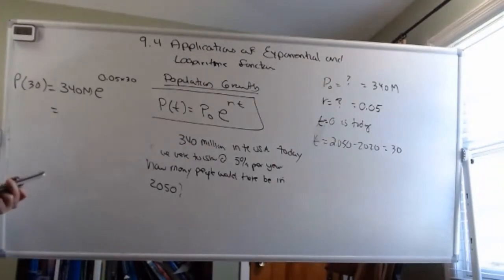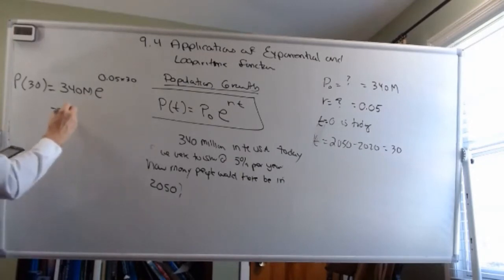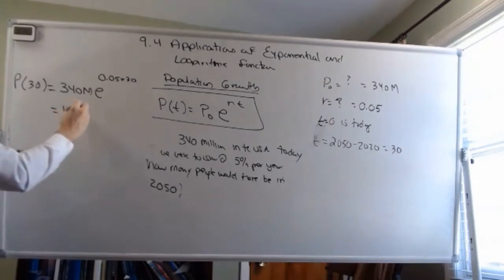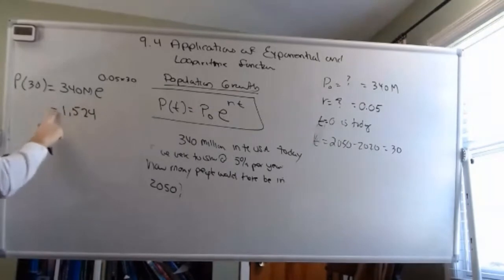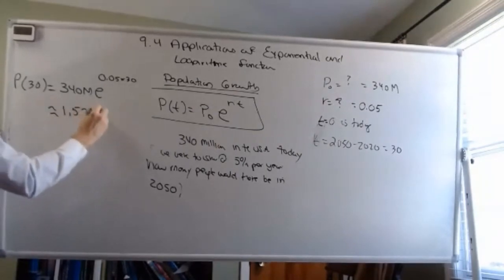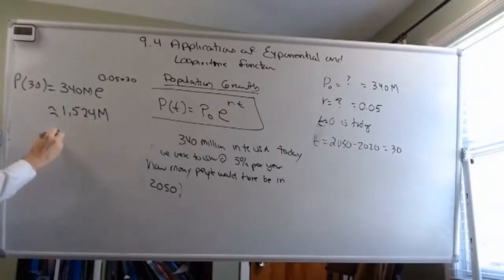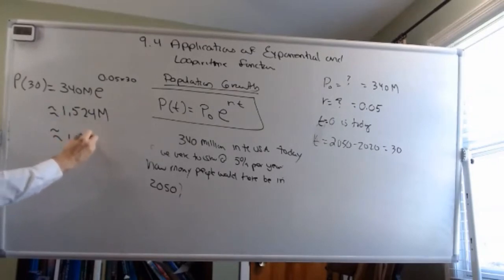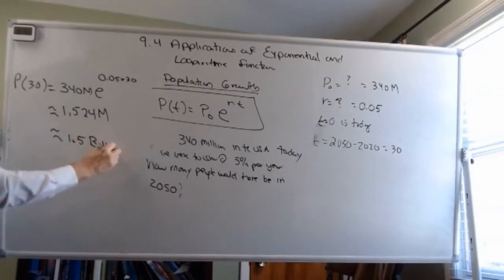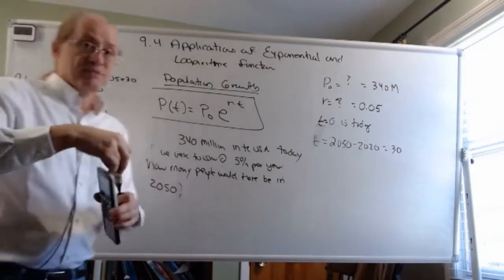So I'll take 340 times e to the 0.05 times 30. In that case, I would have 1,000 and that's approximately million, or approximately 1.5 billion. That would be a phenomenal amount.